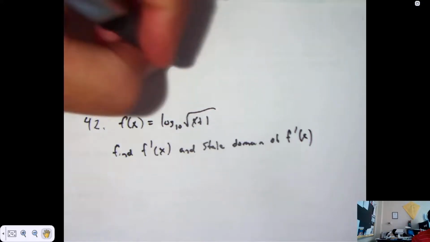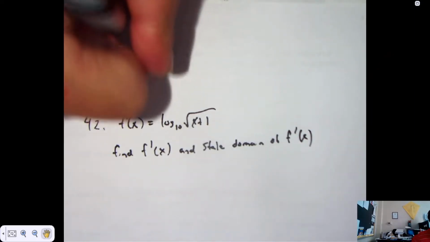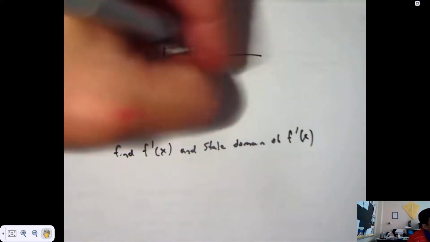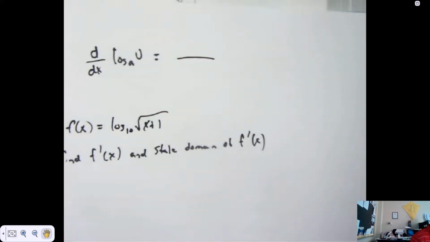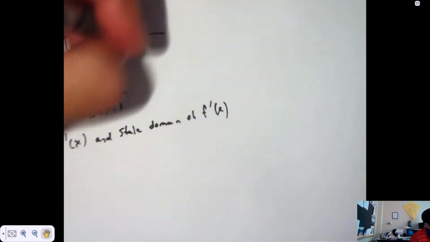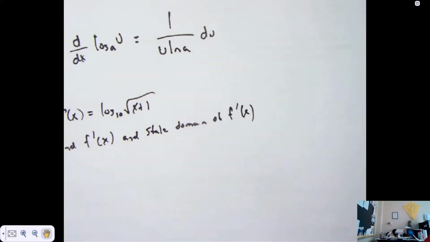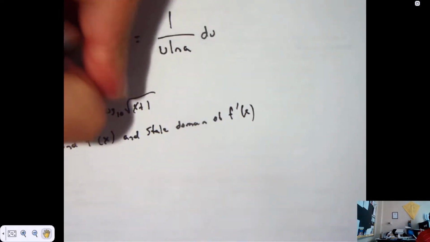Your book wrote this, derivative with respect to x of log base a of u. What is it? 1 over u ln a. That's how I remember it. 1 over u ln a, and then du. If you take calc class, your professor will probably say it that way too. It just sticks easier. And you just have to identify your u and your a values. I believe that's a, and this is u.